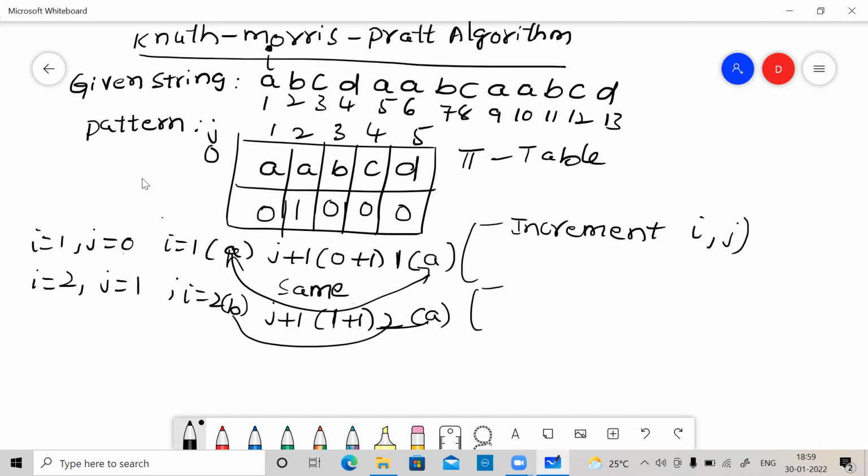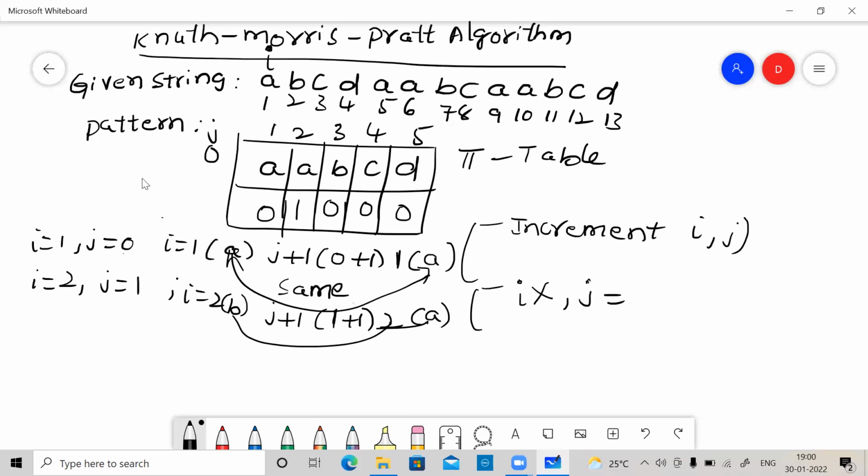If these two values are not the same, don't increment i. But the j value you have to reset to some other value. What is that value? j is pointing to 1, so we are considering the j plus 1 value, which is A here.